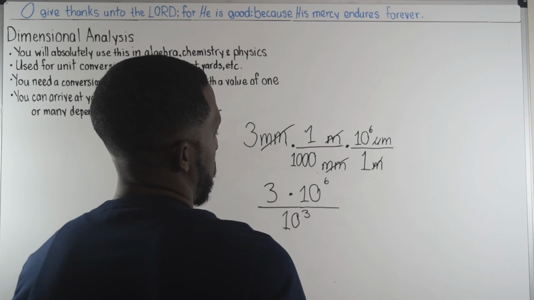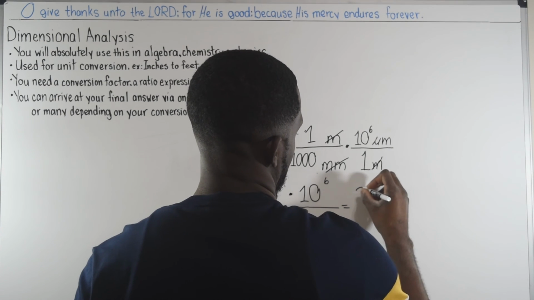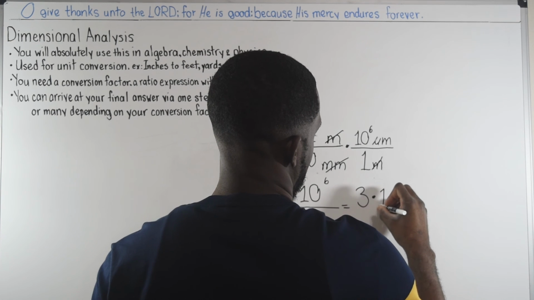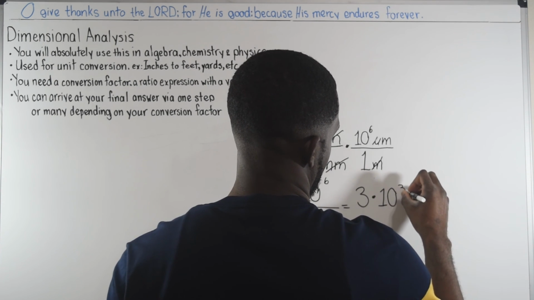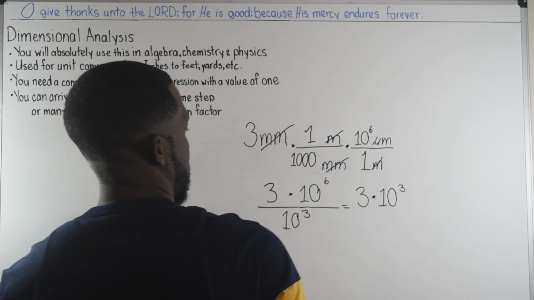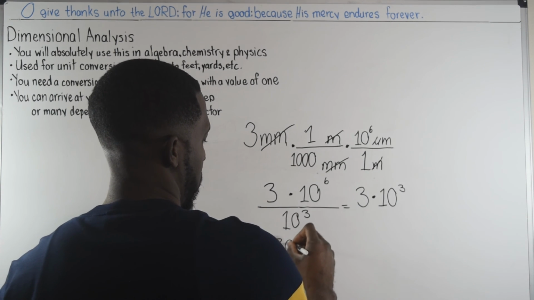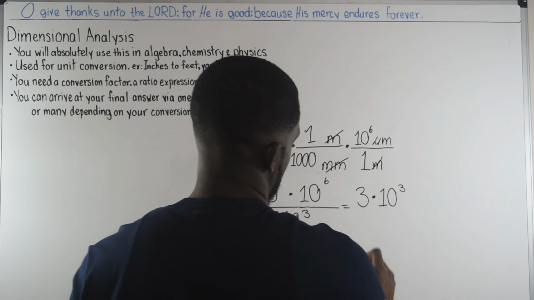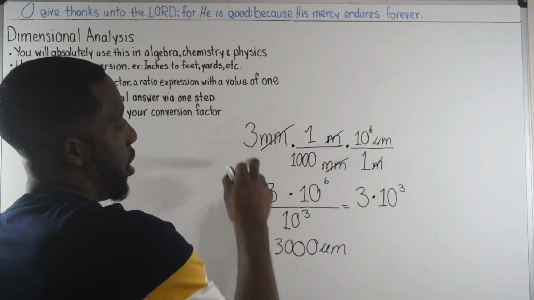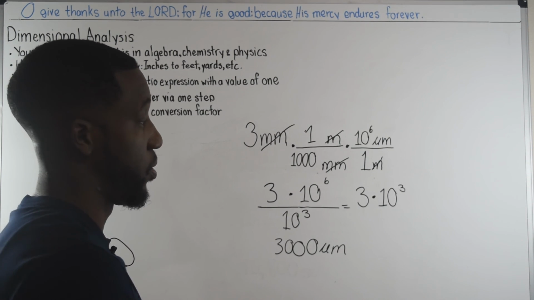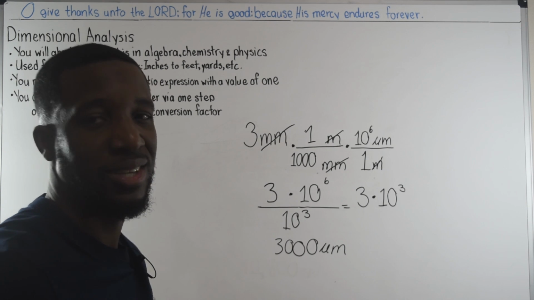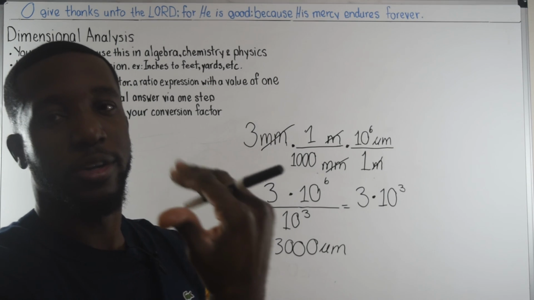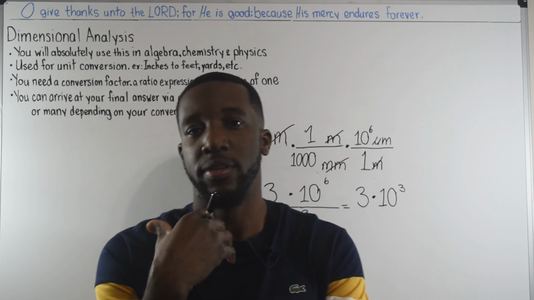Okay, so we're gonna multiply this out, and this is gonna be 3 times 10 to the third, so that's 3,000 micrometers are in 3 millimeters. Okay, that was kind of icky. I tried to free flow that, but either way, you get the point.